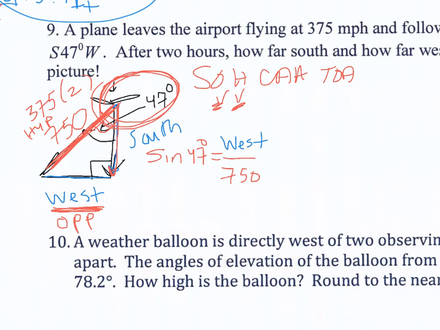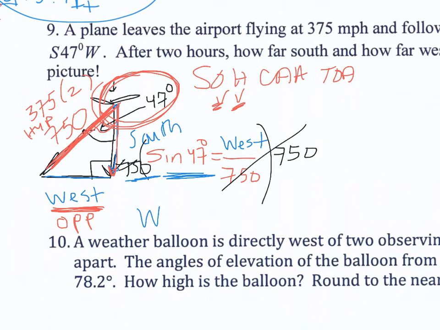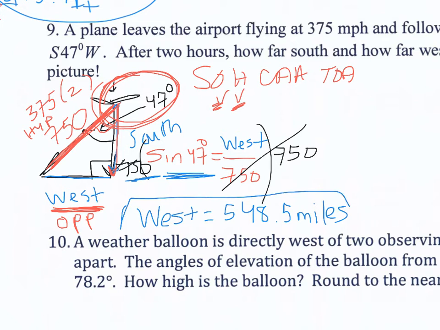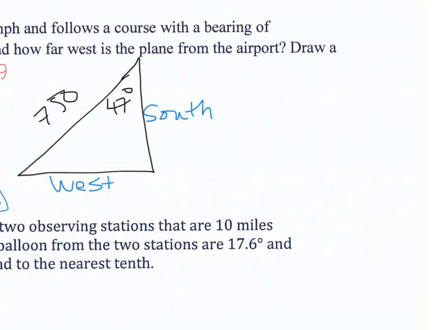So sine of 47 is opposite, which is the west, over the hypotenuse 750. We then multiply both sides by 750, and sine of 47 degrees times 750 means that the west is going to equal 548.5 miles.